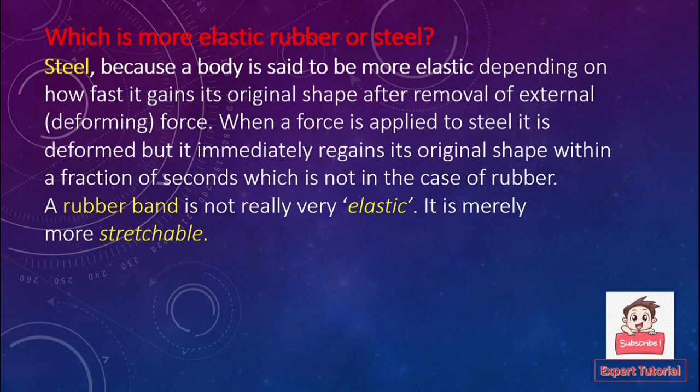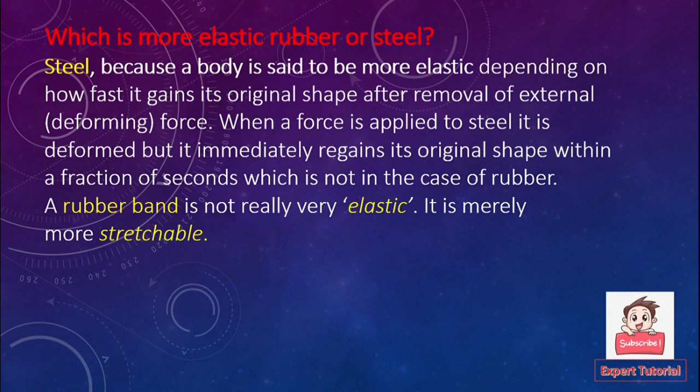So this opposing force is much higher in case of steel. That is, you cannot deform the steel by applying a small force, but you can elongate a rubber by applying a very small force, while you cannot elongate a steel by applying that same amount of force.